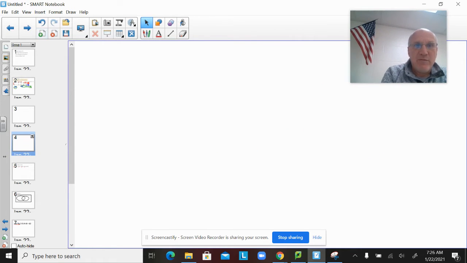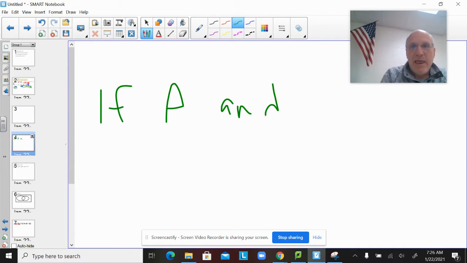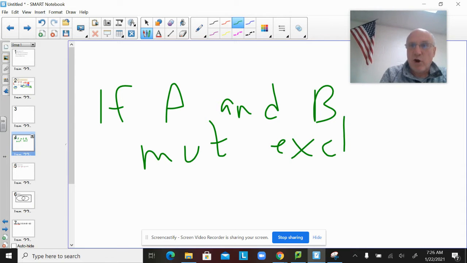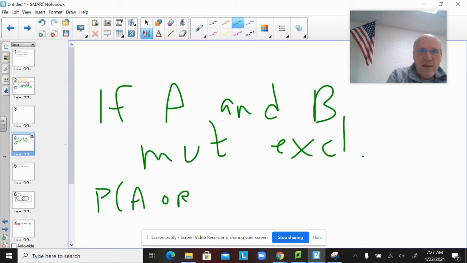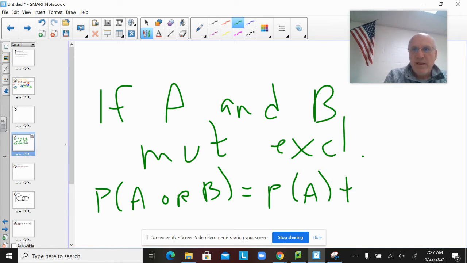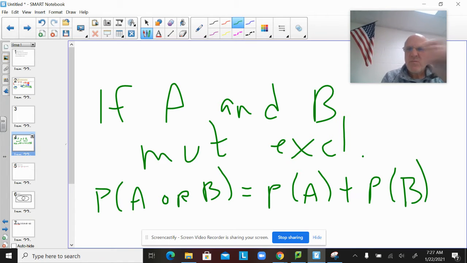The reason I say that is, let me go back to yesterday. We had a formula that said if A and B are mutually exclusive, and again in this example they're not, but if they were, the probability of A or B would just be the probability of A plus the probability of B. If there is no overlap and you want the probability that at least one of them happens, all you would have to do is add the probabilities.